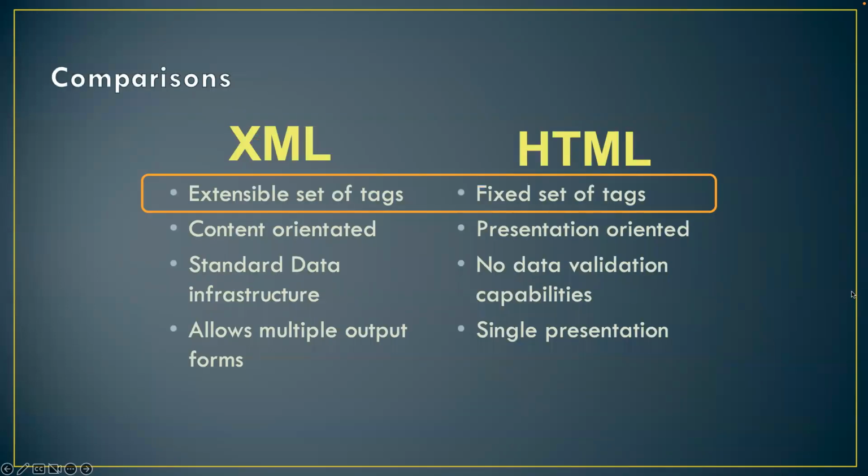So as we compare XML and HTML, we can see a few major differences. And some of these are what we have already discussed. XML is for storing the content, but HTML is for displaying or presenting the content.